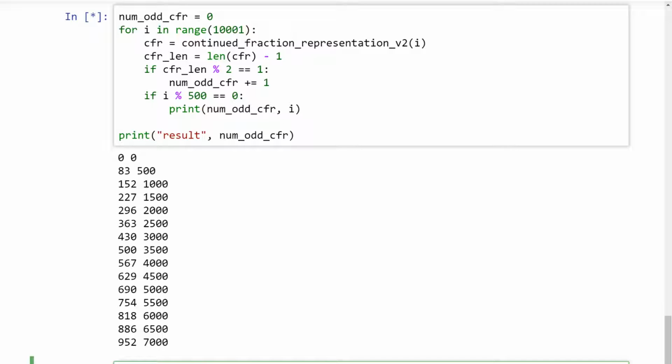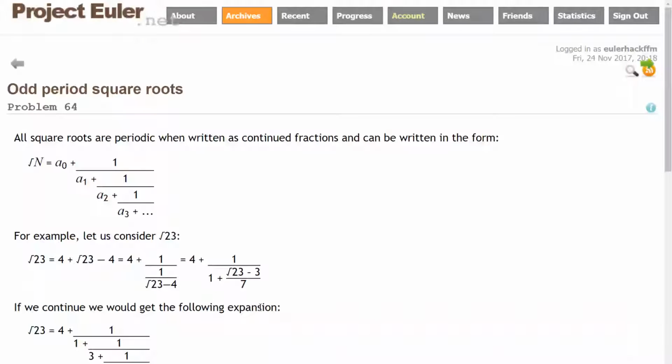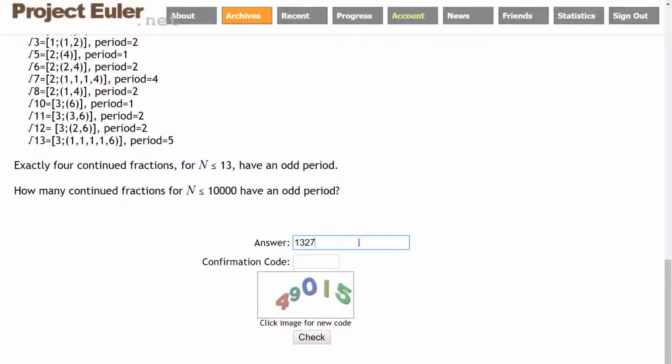I wonder what the longest fraction is that we have. So quite a few false positives.